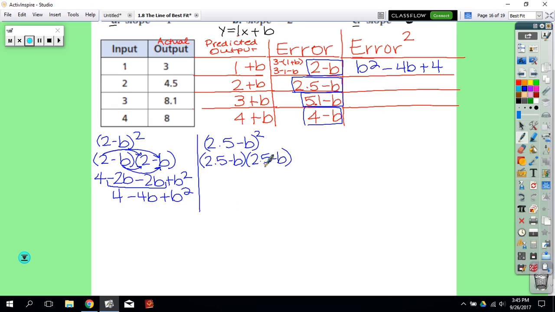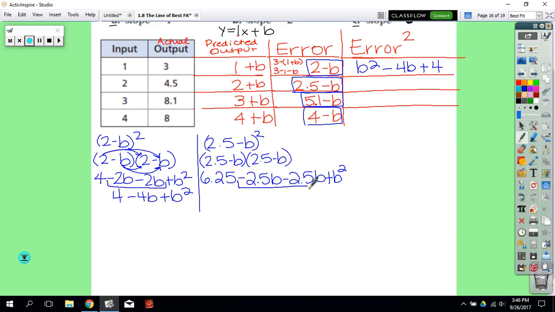So 2.5 times 2.5 is 6.25. 2.5 times negative b is negative 2.5b. And then we're going to distribute the negative b. So negative b times 2.5 is negative 2.5b. And negative b times negative b is positive b squared.